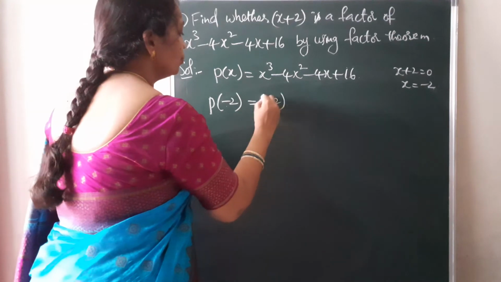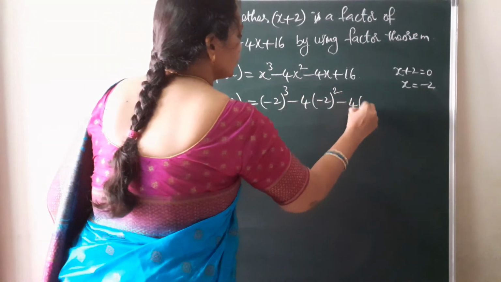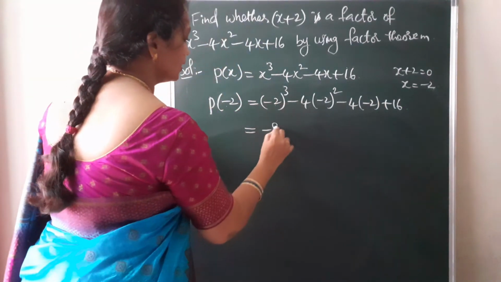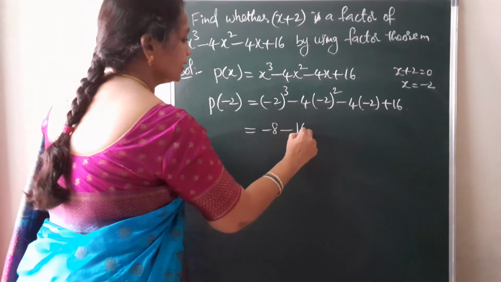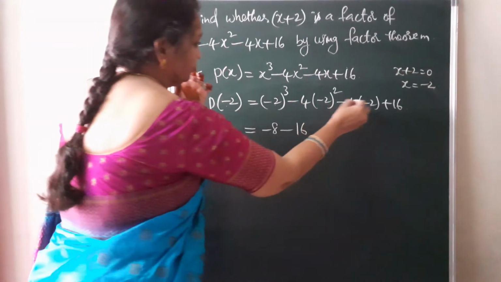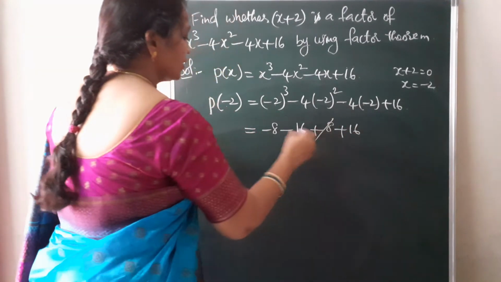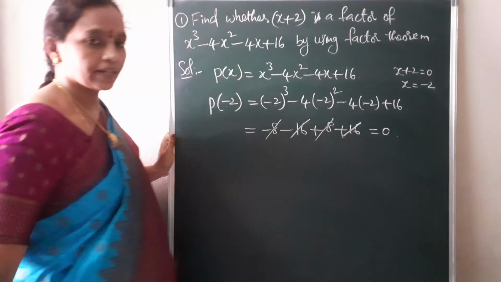So minus 2 whole cube minus 4 of minus 2 whole square minus 4 of minus 2 plus 16 is nothing but minus 8 minus, this is plus 4, 4 4s are 16, next plus 8 and plus 16. So plus 8 minus 8 gets cancelled, plus 16 minus 16 gets cancelled, and 0 is the answer.